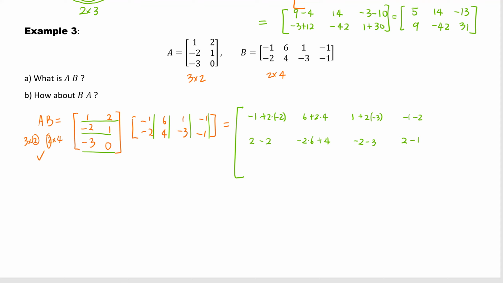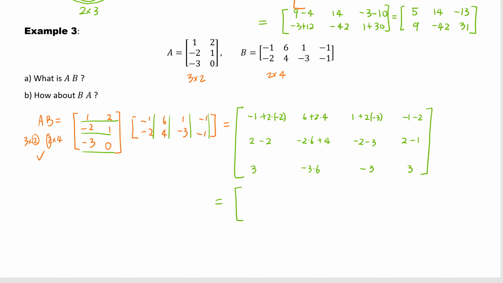Okay, finally, the last row of A times each column of B. So minus 3 times minus 1 is 3, and because it's 0, it's gone. And then minus 3 times 6, and then plus 0 times whatever is 0. Negative 3 times 1 is negative 3. Negative 3 times negative 1 is 3. And then because it's 0 times whatever is 0.